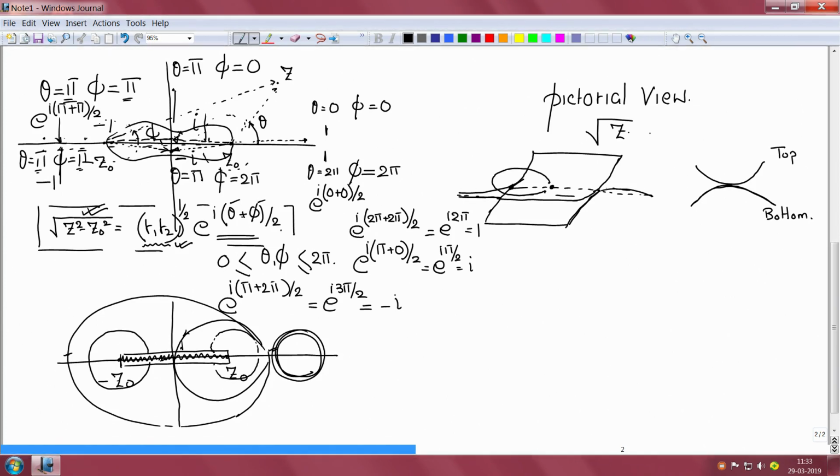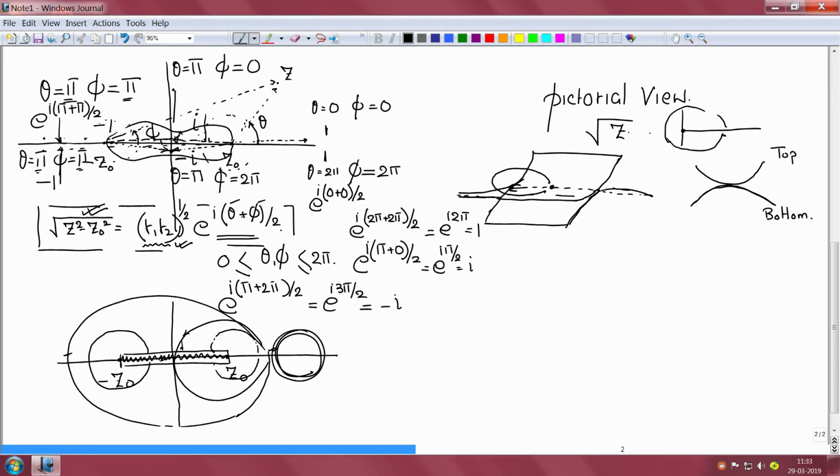If you recall, for square root of z, if you started over here, you came around full circle, you switch sign, that is why this line is a branch cut. So you come back here to this point, you switch sign.